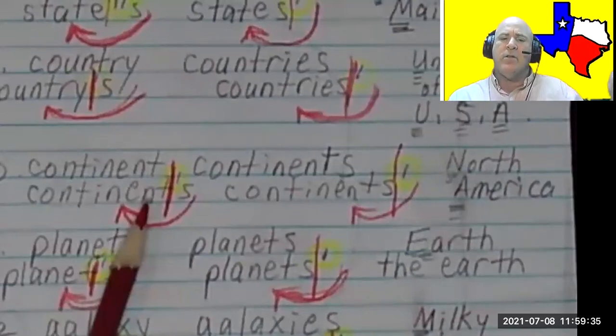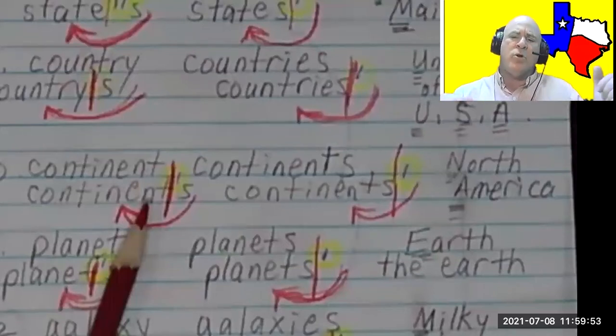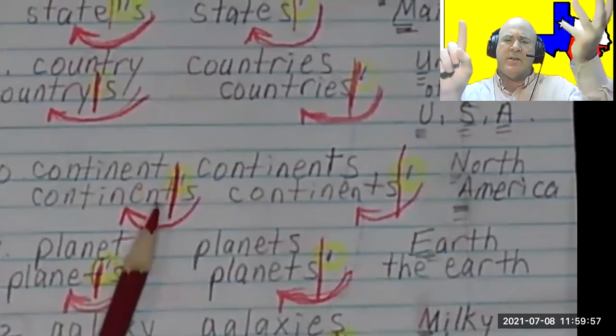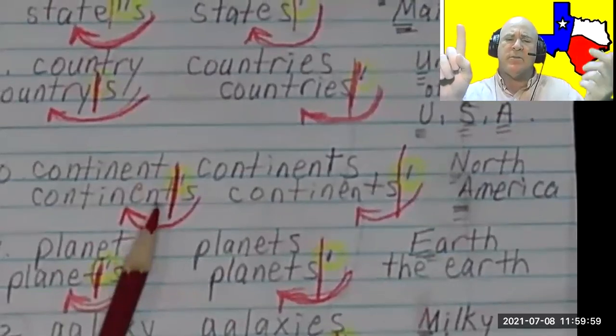Continents. There are 7, if I'm not mistaken, major continents, plural, on our planet. Now we get the ball and ball, so we'll probably use the hula hoop again. Continent, singular, possessive. It belongs to one continent.